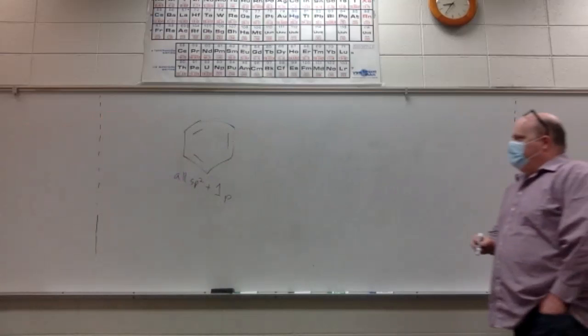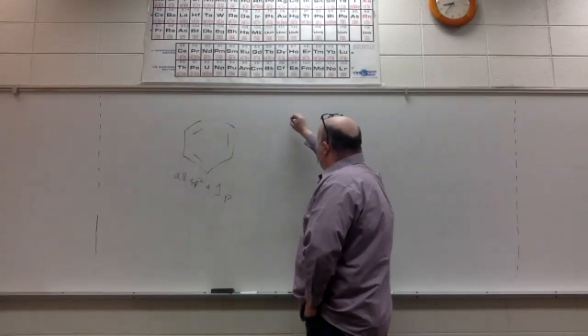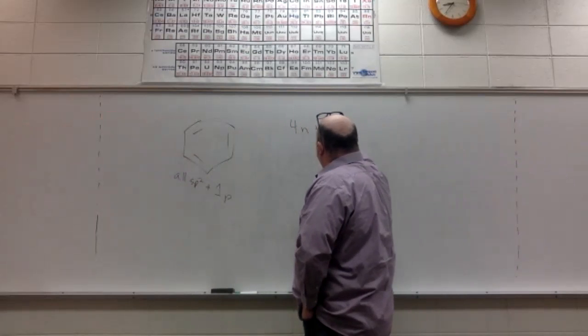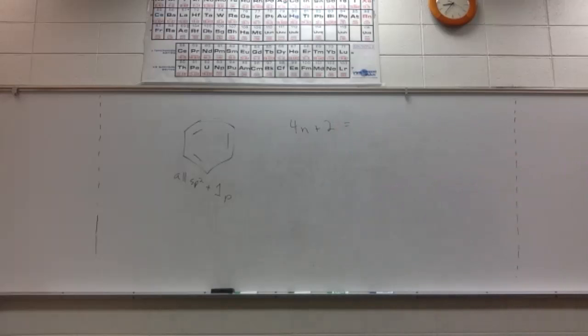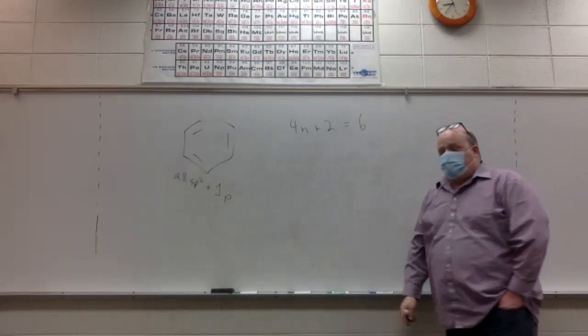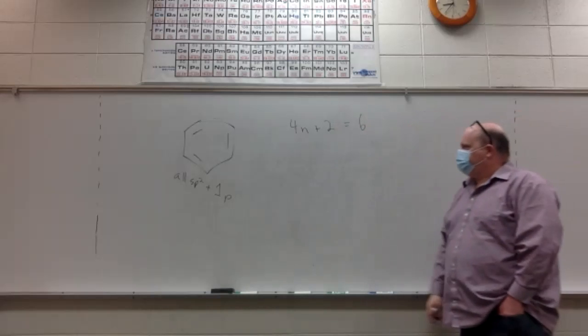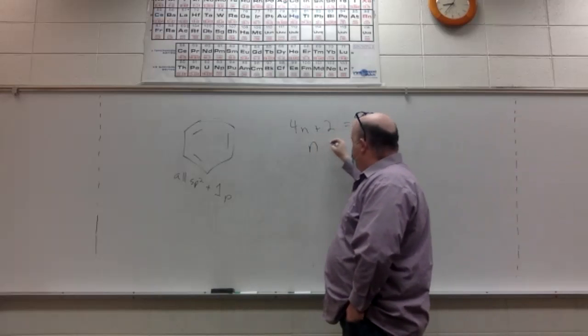Now what we have to do is check the Huckel number. So let's write our formula. 4n plus 2 equals the number of pi electrons. So how many pi electrons do we have here in this structure? We have 6. So we would make this number 6. And what you do is you solve for n. For all you math majors out there, if I need to walk through the algebra, let me know.